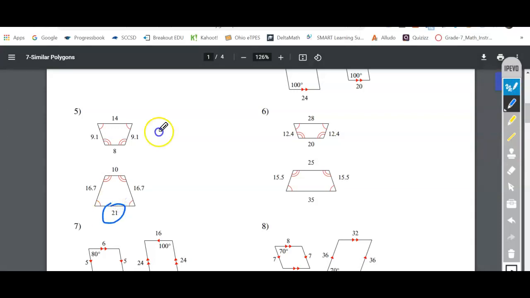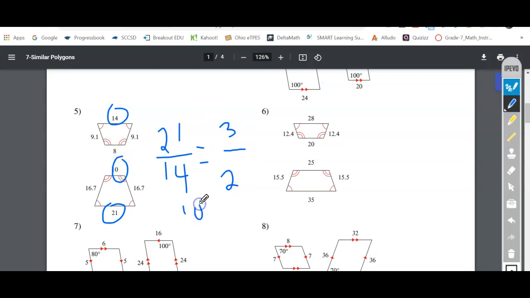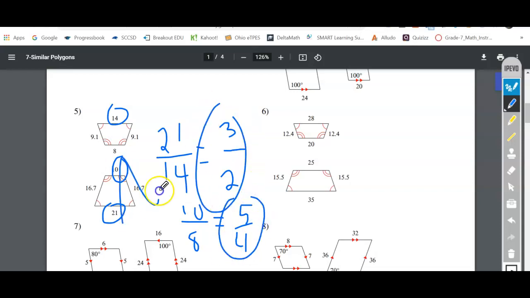Start with the second one, 21 over 14, because it's flipped. That simplifies down to, 7 goes into that 3, 7 goes into that 2. Now let's do this one, 10 over 8, which simplifies down to 5/4. They're not the same, so it's not similar.